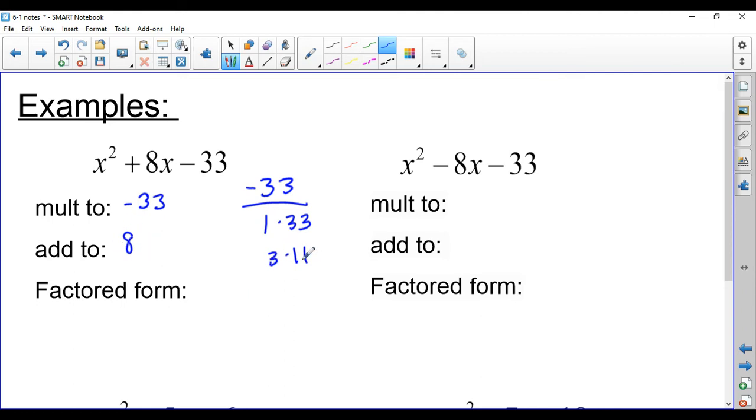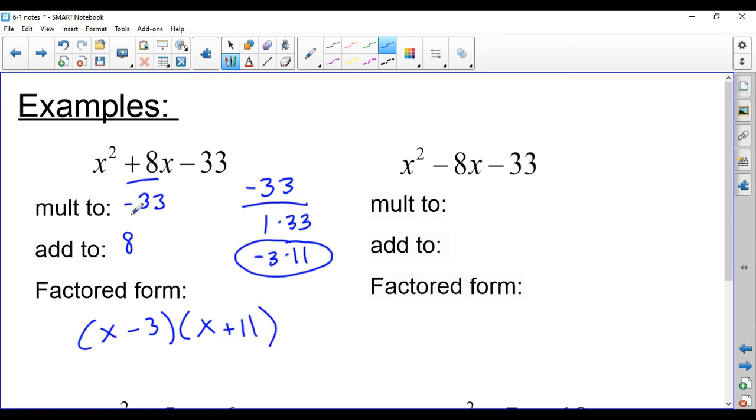If I look here, 3 and 11 are 8 apart from each other. I want to add to positive 8. 11 minus 3 gives me positive 8. When I write my factors, I have x minus 3 and x plus 11. The larger of the two numbers, the 11, has the same sign, it's positive, like the b value was positive.